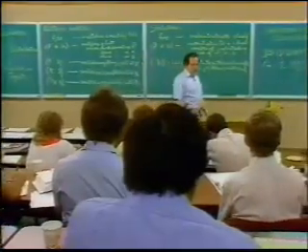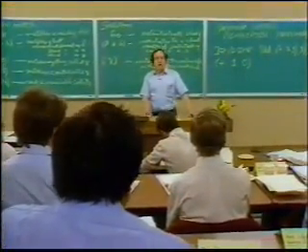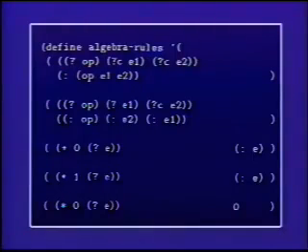So, for example, if we go to the slide, here, for example, are other rules that we might have, algebraic manipulation rules, ones that would be used for simplifying algebraic expressions. For example, just looking at some of these, the left-hand side says any operator applied to a constant E1 and a constant E2 is the result of evaluating that operator on the constants E1 and E2.